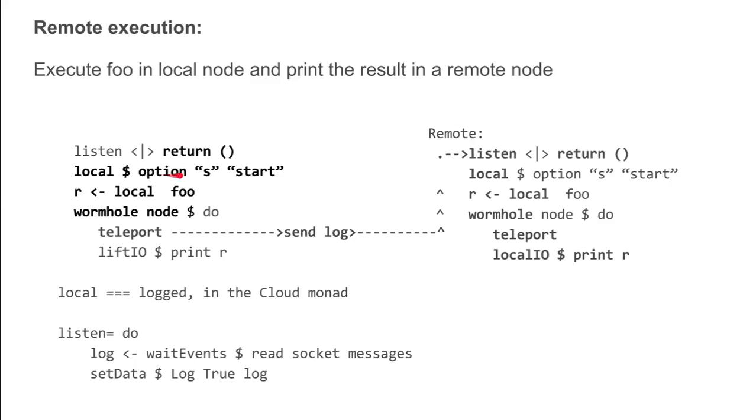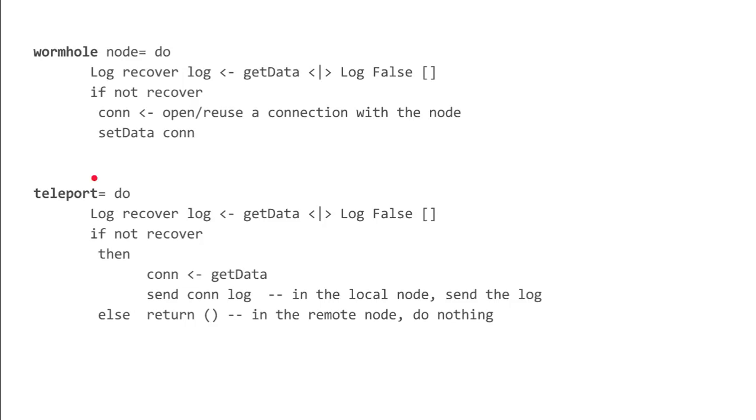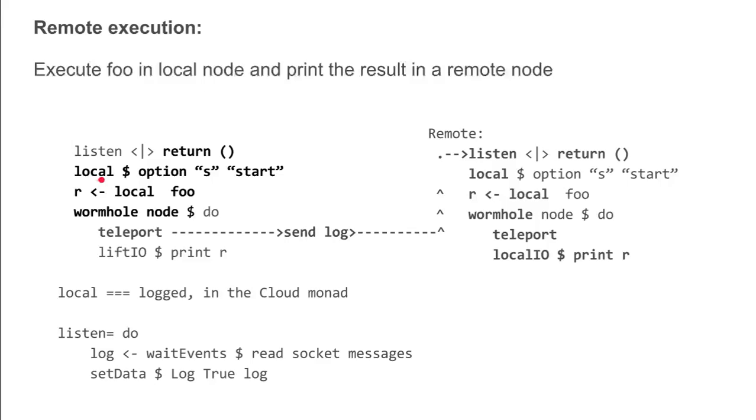If we press S, local records the S. Local executes a foo operation with return and error that are also logged by local, and then we have wormhole, which connects to the remote node, which is this, and then we have teleport.